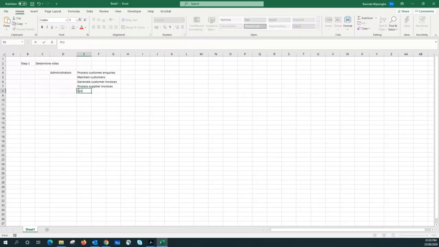So let's say process customer payments, and then process supplier payments. So I just distinguish process supplier invoices and process supplier payments.